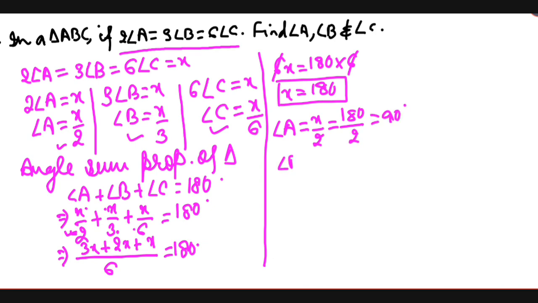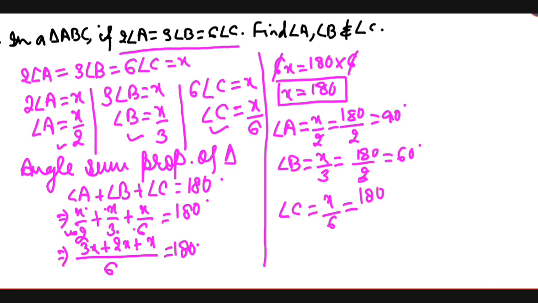And angle B is x upon 3, which is 180 upon 3, which is 60 degrees. And angle C is x upon 6, which is 180 upon 6, which is 30 degrees. And when we add all these angles, that is 90 degrees plus 60 degrees plus 30 degrees, it will be equal to 180 degrees.